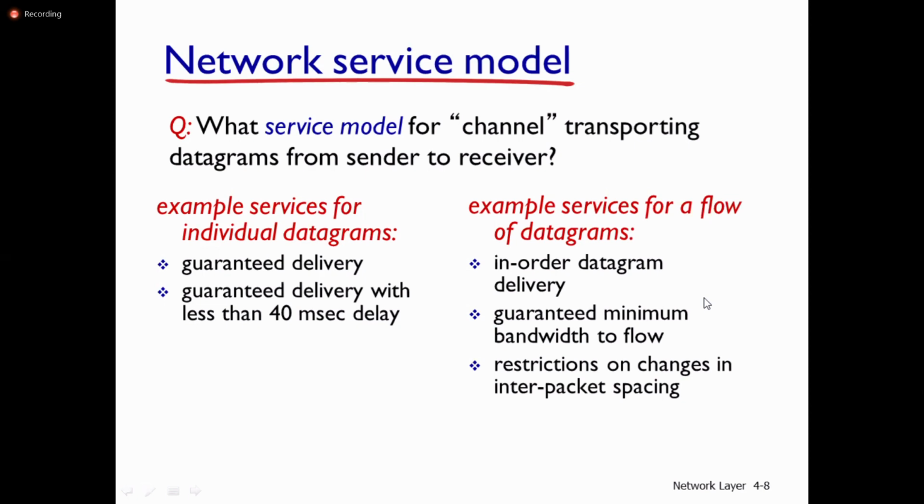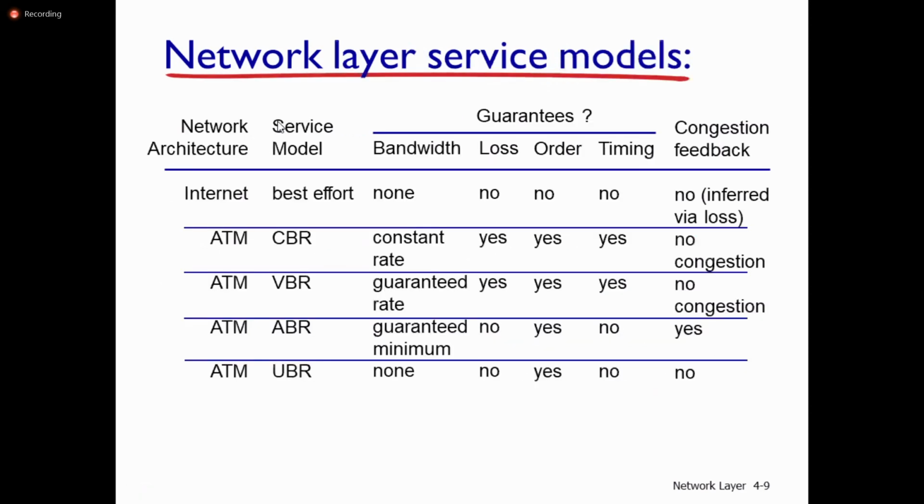These are the various network layer service models: network architecture, then service model, guarantees for data delivery in terms of bandwidth, loss, order of datagrams, then timing, and finally congestion feedback. Is there any congestion involved in this method? These are the various network layer service models.